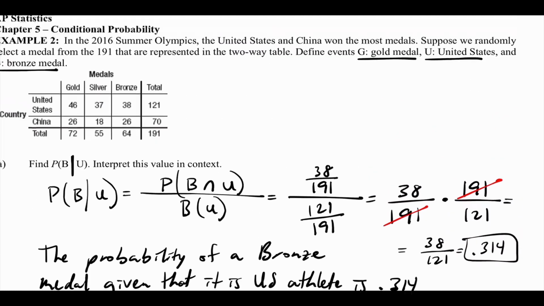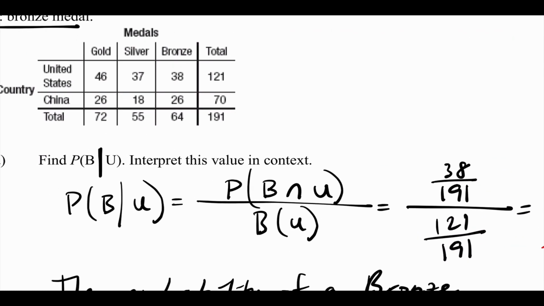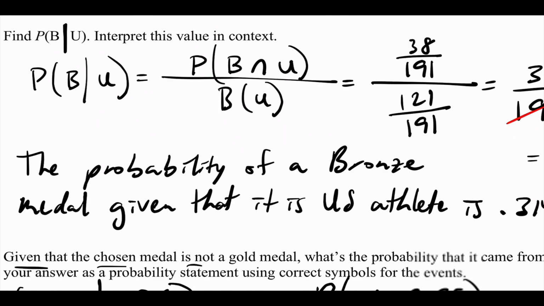So go to the table. Where do I look for not gold? These guys are the not gold, right? There's a lot of numbers there, but I only want to add two. Which ones am I going to add? There you go, these guys right there. So 119 out of 191.